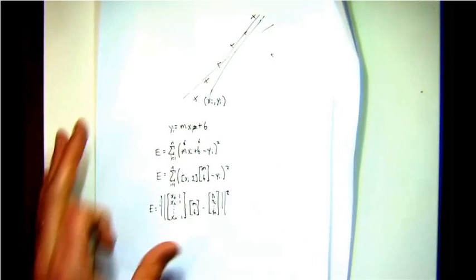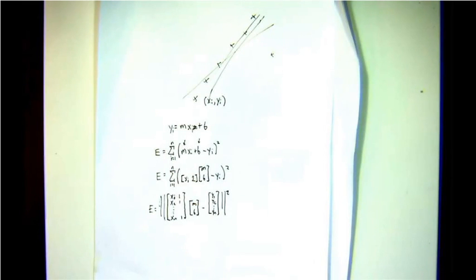So I've written the same thing as wanting to minimize the L2 norm of this vector, which is the difference between my prediction, xi times m plus b, and y, which is the thing that I'm trying to predict, if you think of it that way.